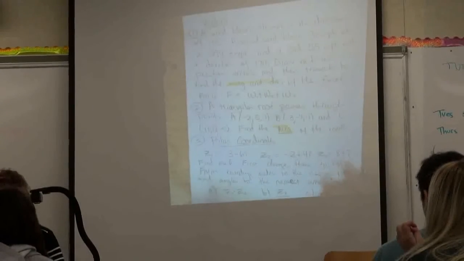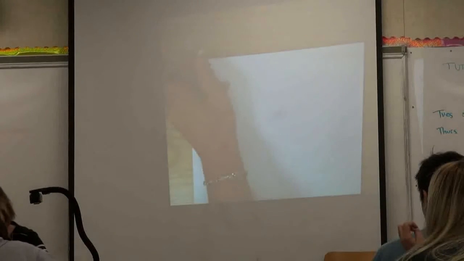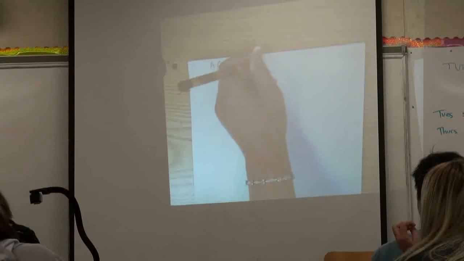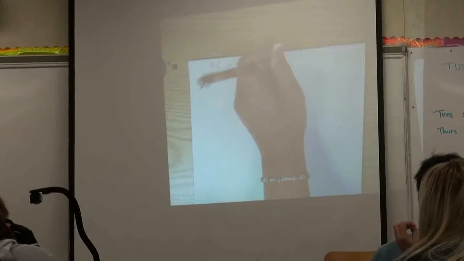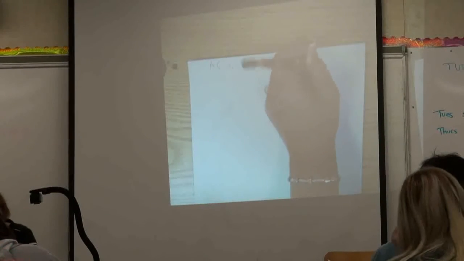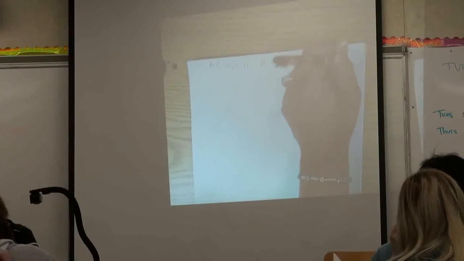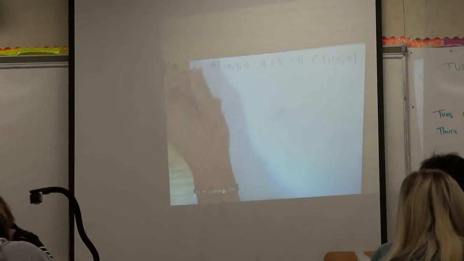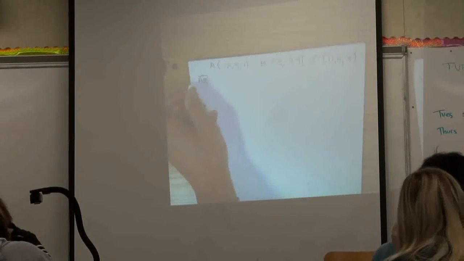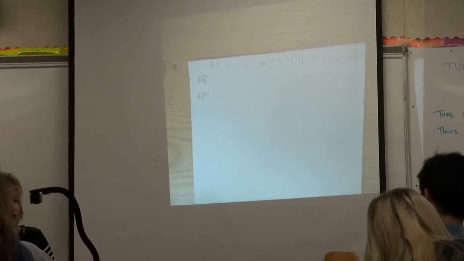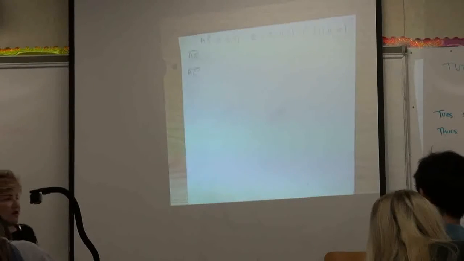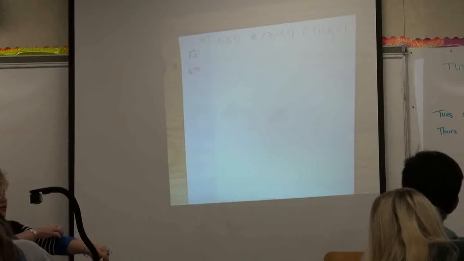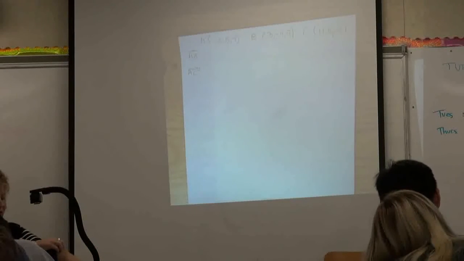So you find the vector that goes from point A to point B, and you find the displacement vector going from A to C. What's the most important thing to realize?